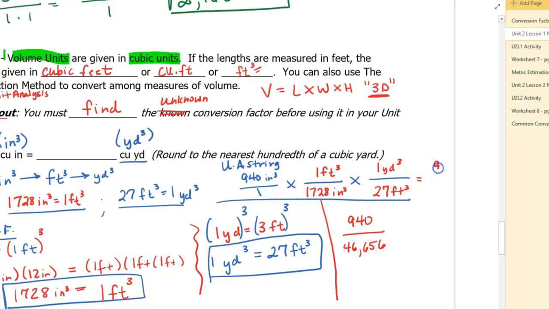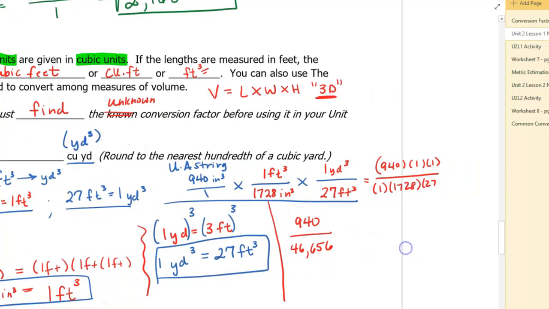So I did 940 times 1, and on the bottom I did 1 times 1,728 times 27. As far as units go, the inches cubed are gone, the cubic feet are gone, and I'm left with yards cubed, which is what I wanted, so I'm in good shape.